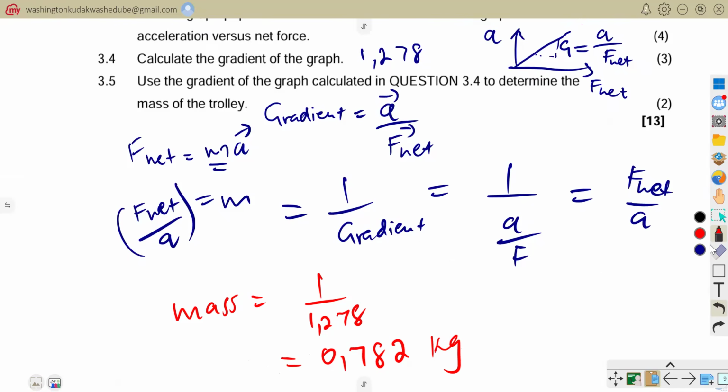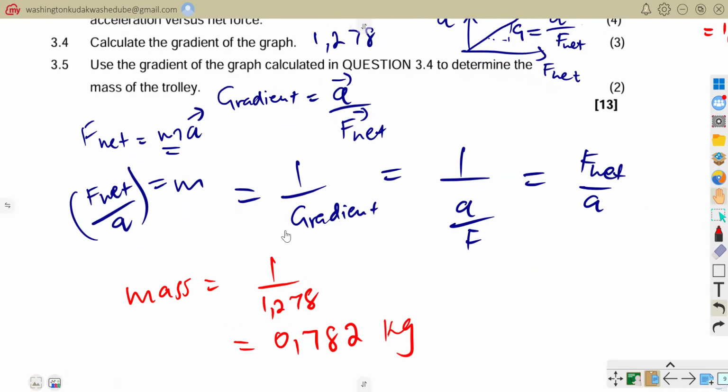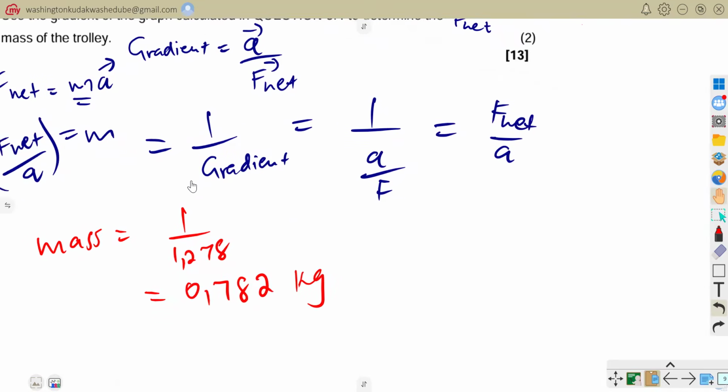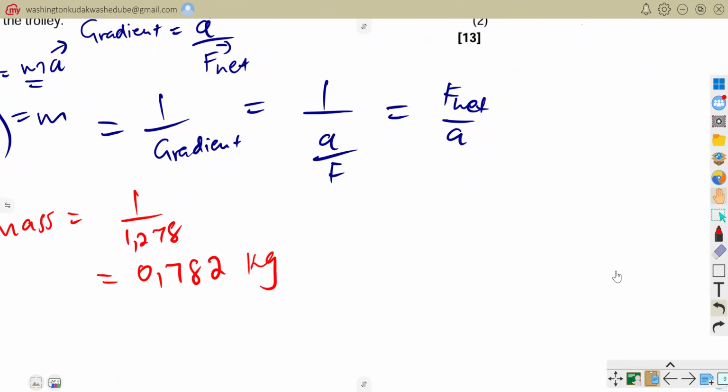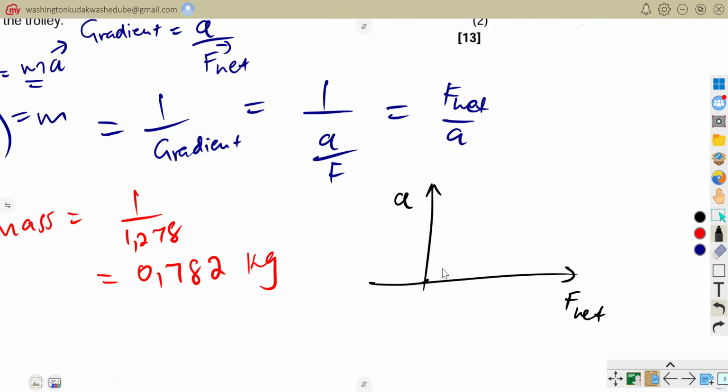So from the graph of acceleration against force, from this graph that we have determined here, where we said it's acceleration against our net force, we now understand that the relationship is given by that graph.